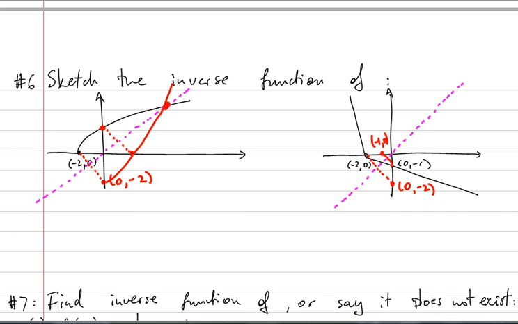And let's see, this point gets mirrored to itself. So what we get is that this part of the function gets mirrored into this piece.